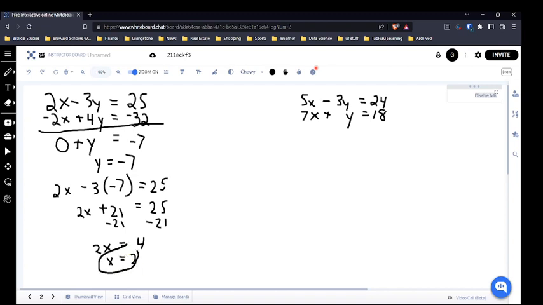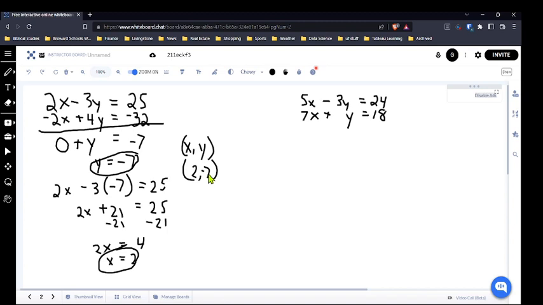So I've got x equals 2, y equals minus 7. So my coordinate pair solution is going to be 2 comma minus 7. And that's it.